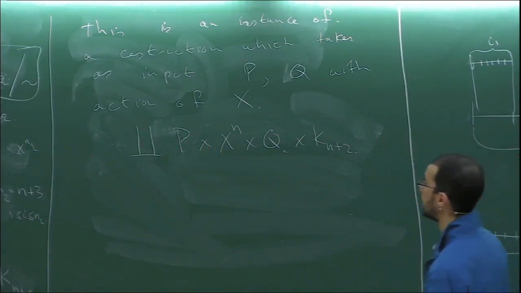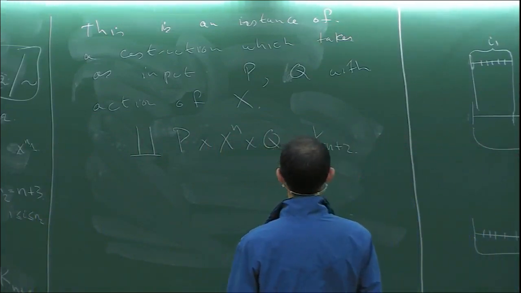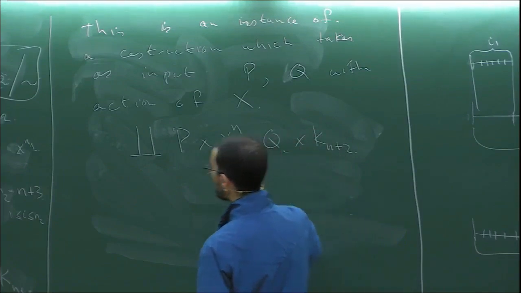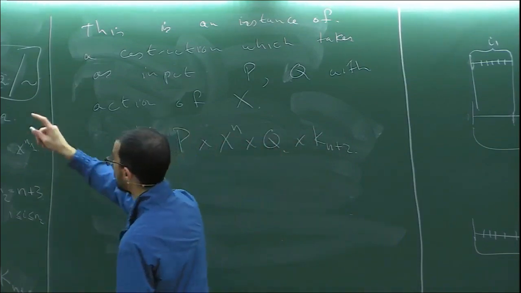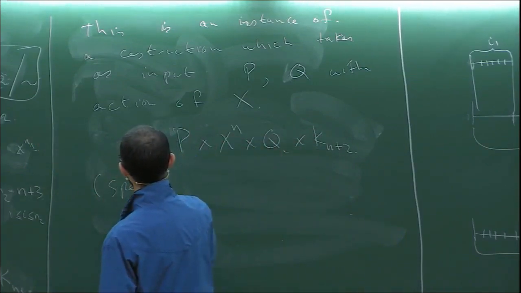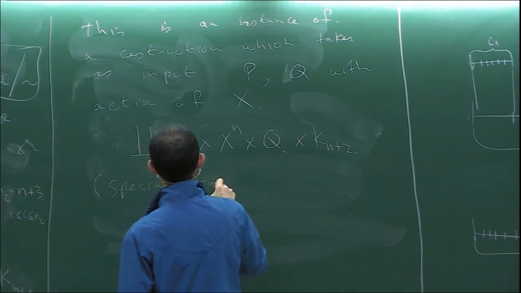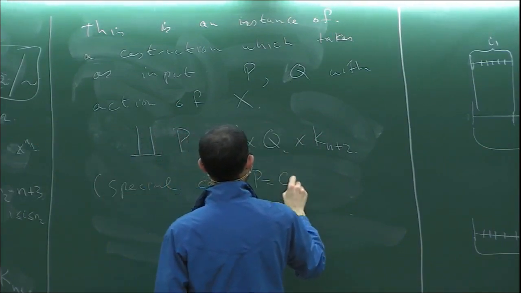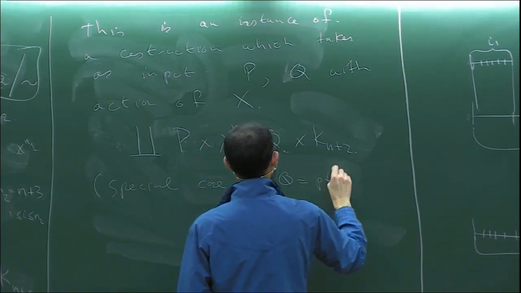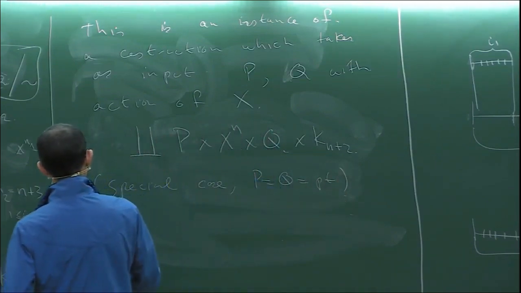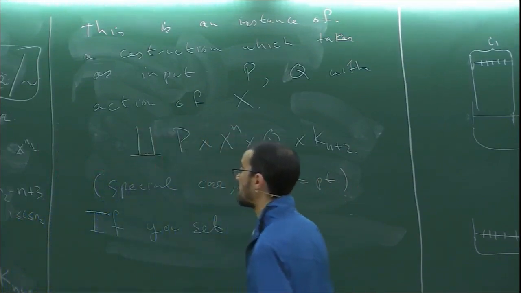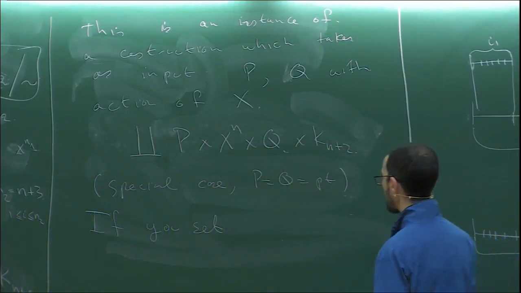Anyway, that's the point here, and this is just a special case where P equals Q equals a point. I'm going a little bit fast because this is very analogous to the two-sided bar construction.